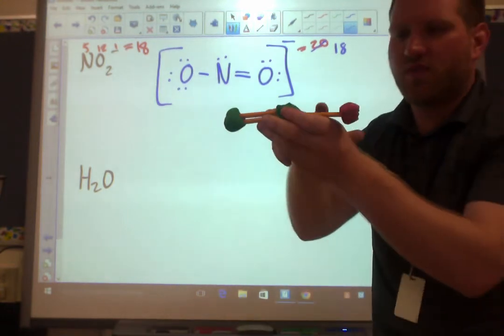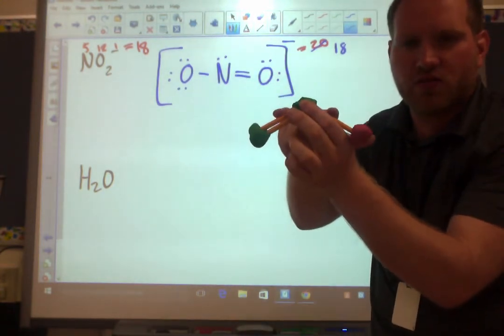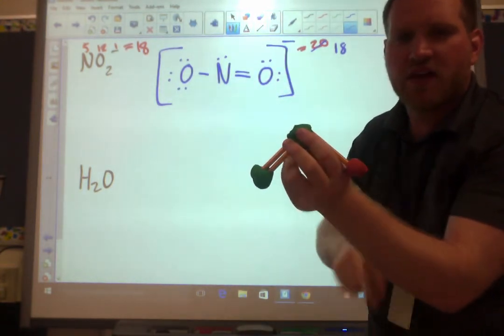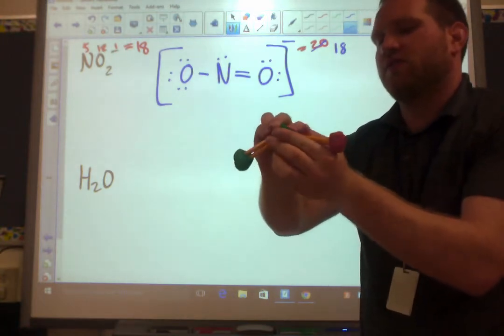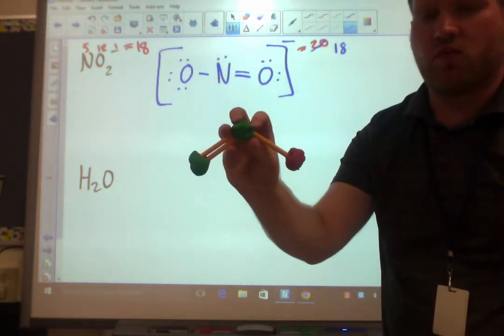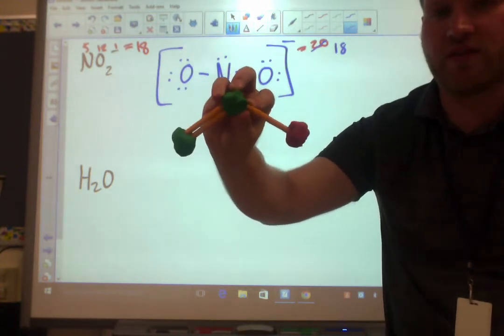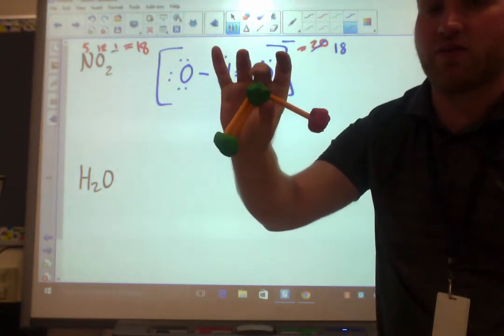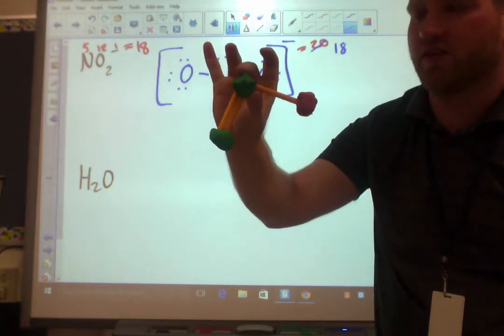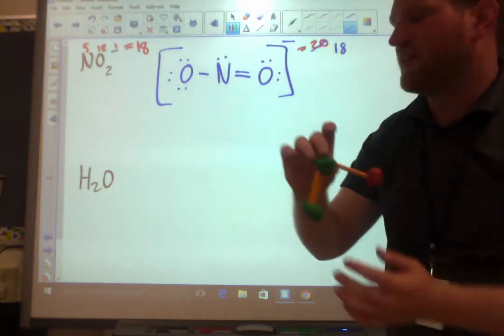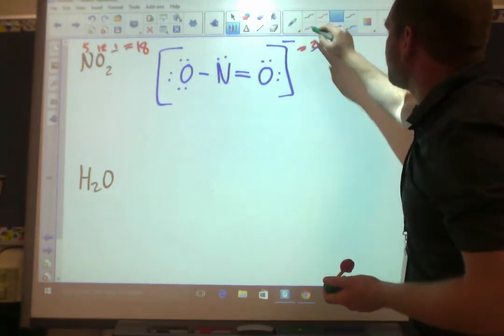So what's the result? Well, the lone pair is going to skew these two legs down like that. So this is what we end up seeing. Once again, if there were no lone pair there, it would be straight across. But because there's a lone pair, it skews those two legs down. So now we have a lone pair up here where my finger is, and then a branch like that. So this is called bent.